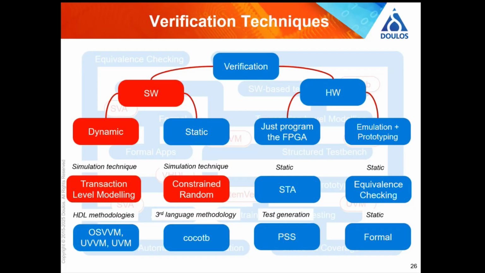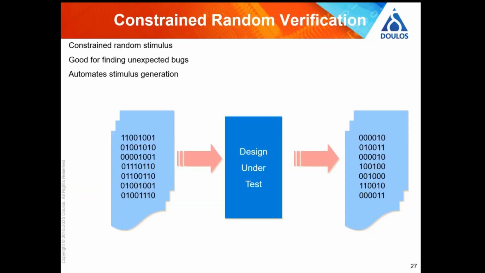But there's an awful lot of advantage, as we will see, to adding some randomness to this. And so instead of doing directed tests, instead of doing a specific thing that we thought of, we generate random inputs to our DUT. And this is a really, really powerful idea.